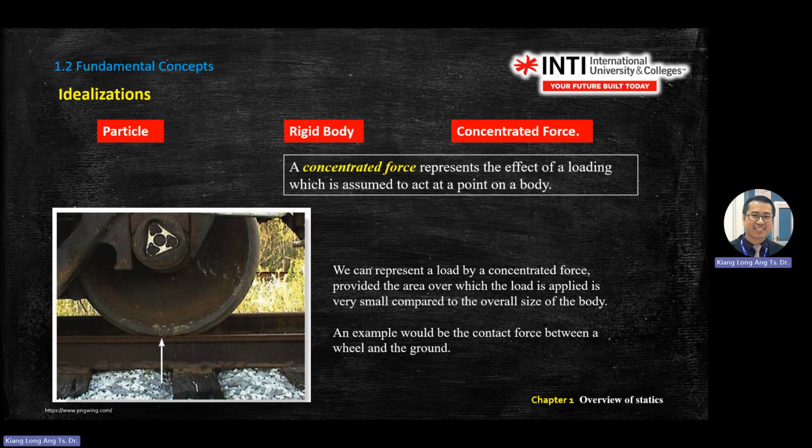If you look at particles, it means the force is pointing or pulling from the particle. If you do rigid body, the force is pulling or pushing at a point of the body. This point, this point, this point.